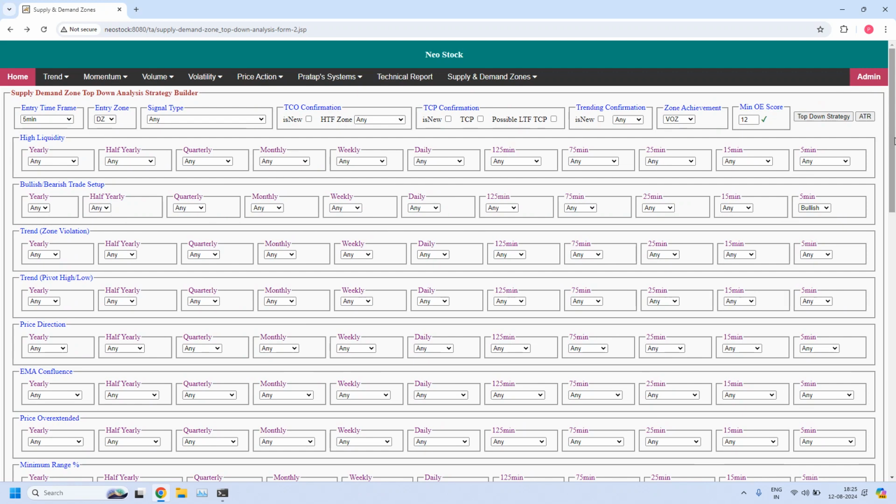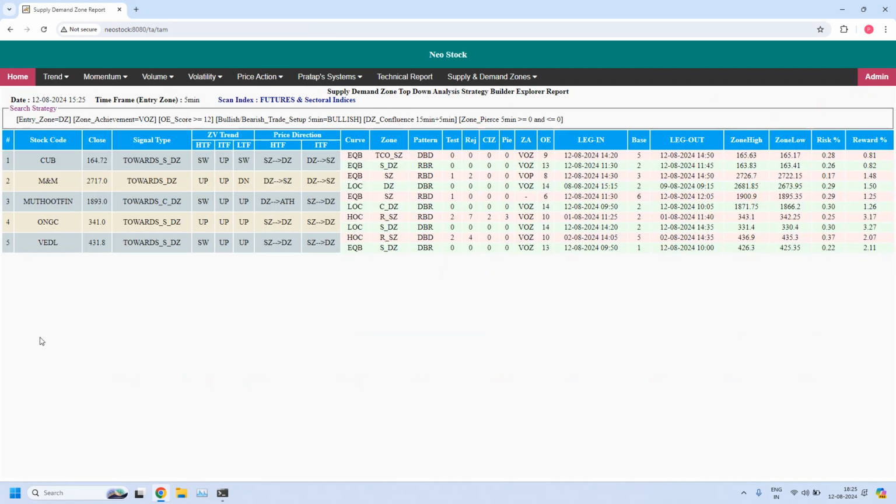So let's verify. So these 5 stocks are currently supporting 5 minutes demand zones with confluence with 15 minutes. And moreover, this 5 minutes demand zone is high liquidity. This one is also high liquidity. This one is also high liquidity. Even this is also high liquidity.